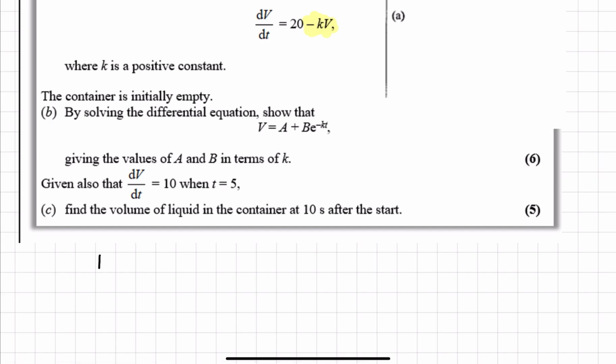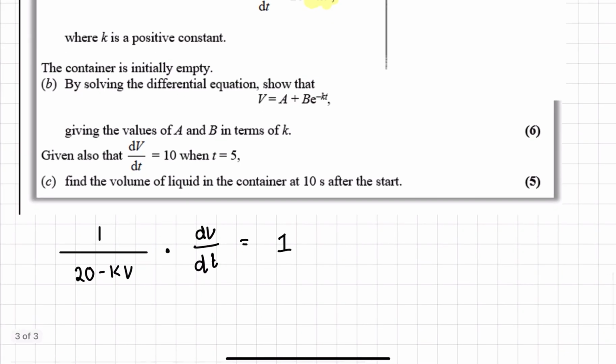So 1 over 20 minus kV times dV/dt equals 1. Then I'm going to integrate both sides with respect to t, and they're going to cancel out quite nicely.